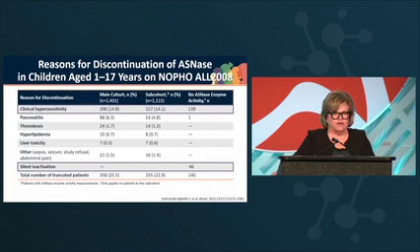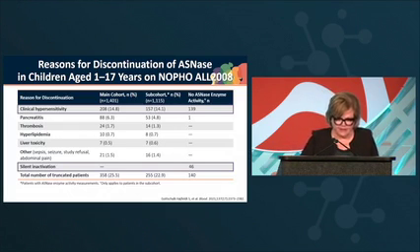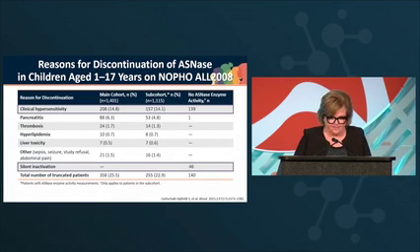So some of the reasons that we want to discontinue asparaginase in children on therapy between the ages of 1 and 17 would be if we were to see hypersensitivity or if we saw silent inactivation.